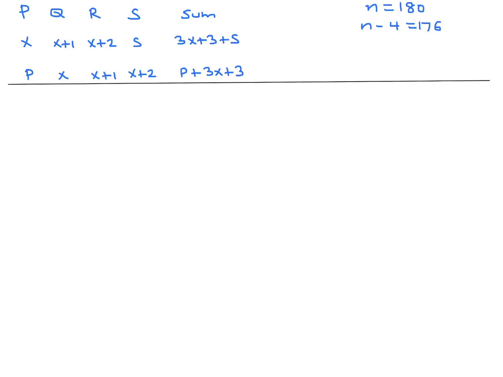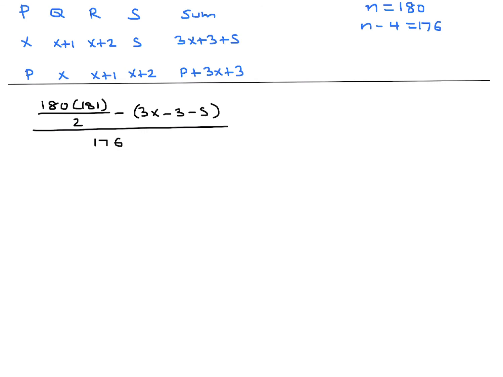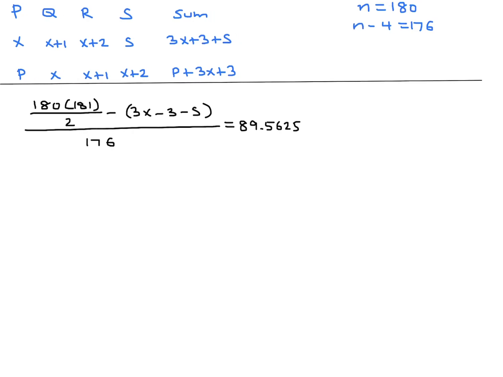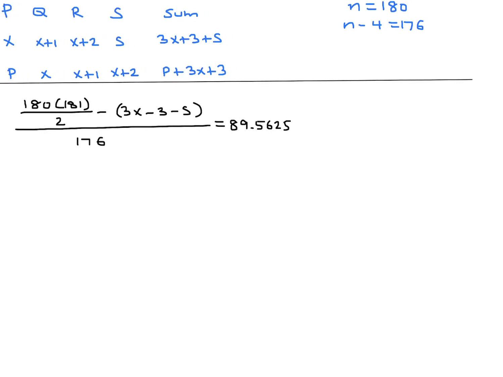For the first one, since n is 180, 180 times 181 divided by 2 minus this time 3x minus 3 minus s, and then divided by n minus 4, which is 176. And that is equal to our 89.5625. Okay, so let's do this math now. This is going to be 16290 minus 3x minus 3 minus s, and that is an integer as planned, 15763.